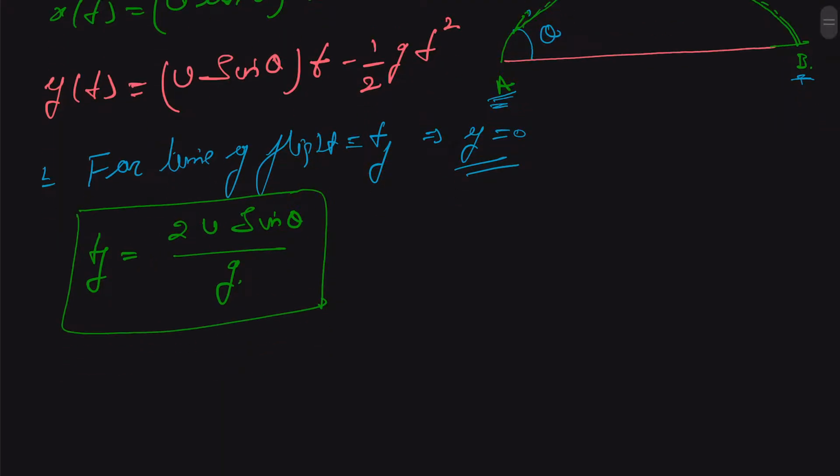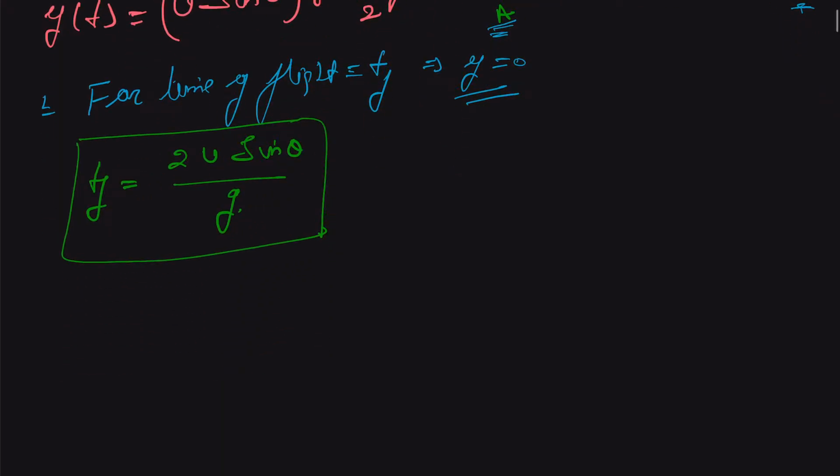And we are supposed to find the distance traveled through the air, that is basically our arc length.